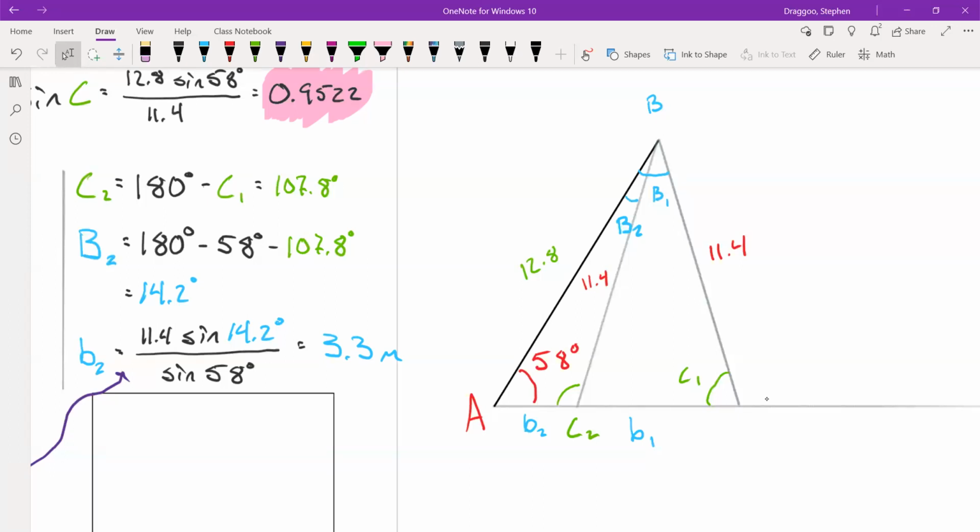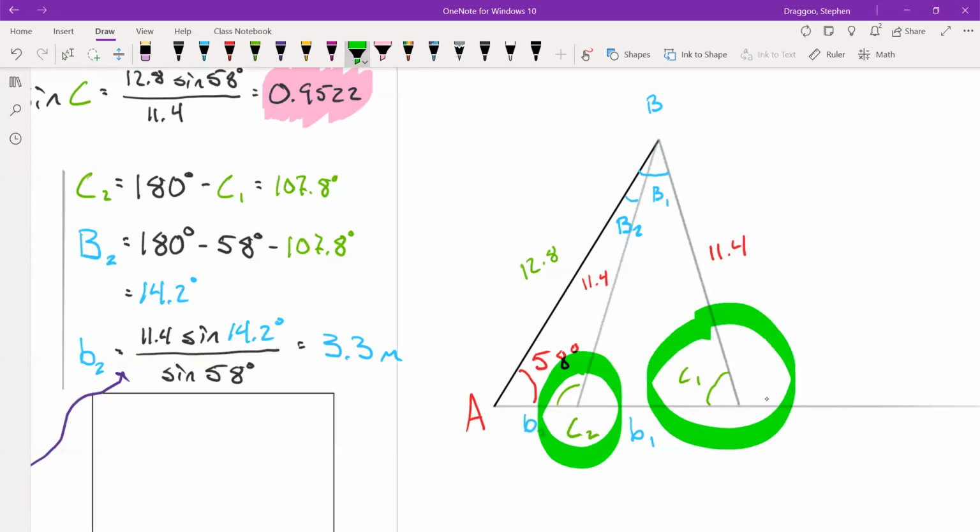Those two angles are C2 and C1. One of those is acute and the other is obtuse. And because both of those two angles solve the initial equation, there are two potential triangles that match up with the given information, which is why I've got to solve for two of them.